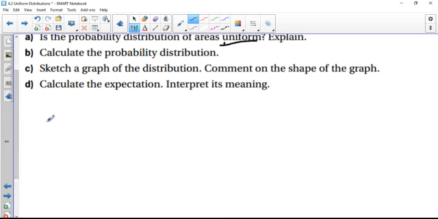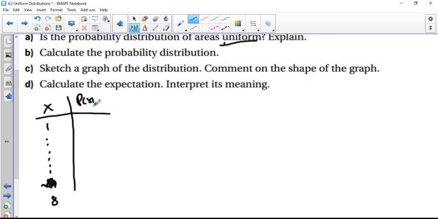Well, your x is going to go between 1 and 8, and the probability of each of those is just 1/8.